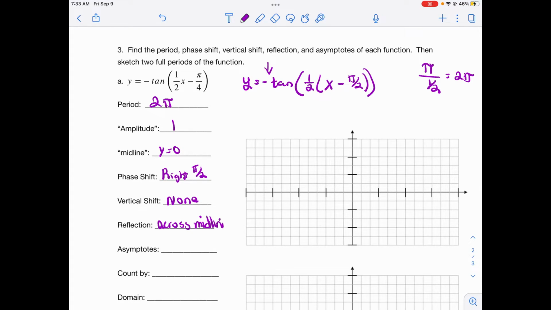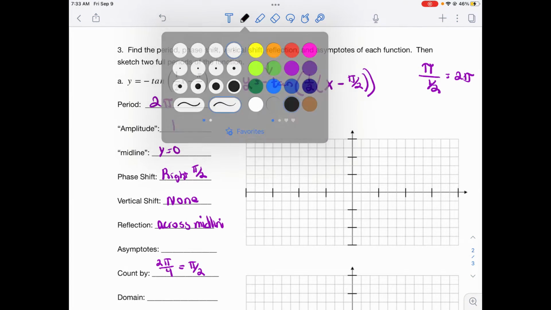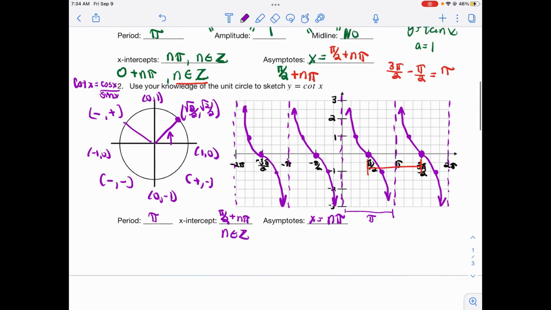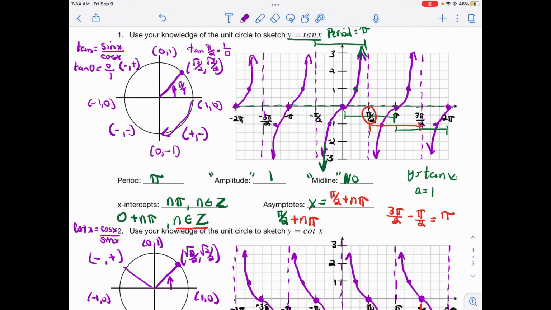But first thing I'm going to do is the count by. So I have 2 pi, and I divide that by 4, and that gives me pi over 2. So I'm going to count by my normal pi over 2, kind of doing on the graph here. I recall from my unit circle, or from my parent graph, that at 0 degrees tangent is 0.